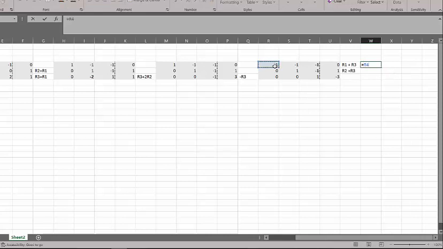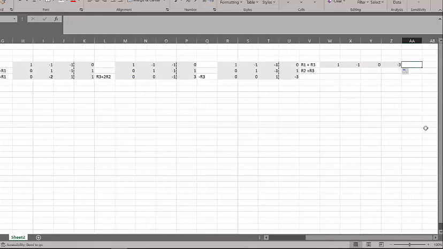So click on the element, and then we add row 3. Same here, equals our row plus row 3.